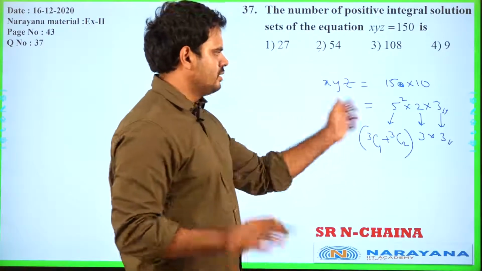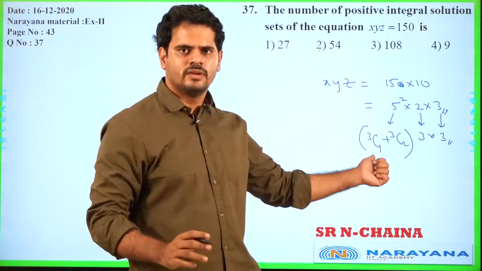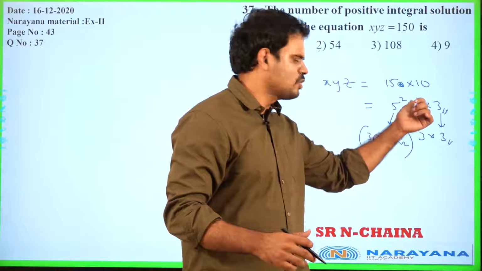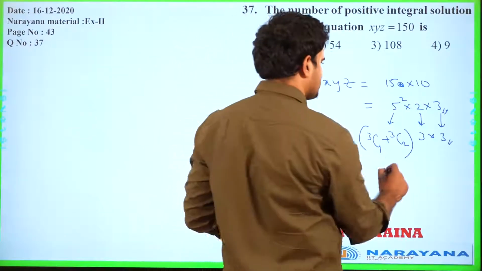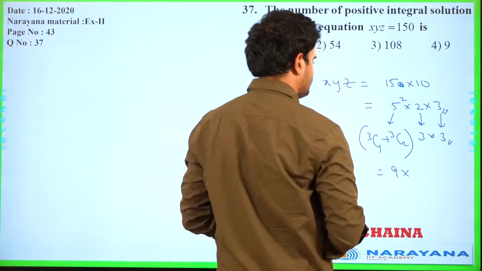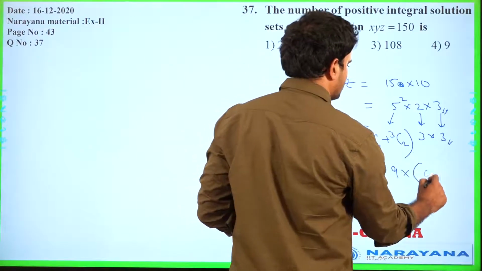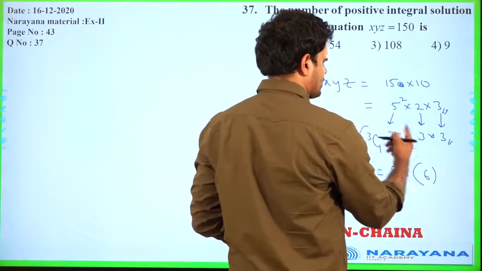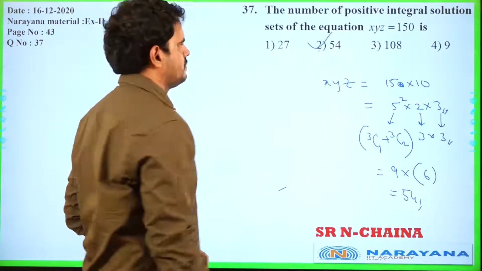Once again, 5 square as a whole term can sit in any 3 places, so it becomes 3c1. Again we have two 5s, so they can take any 2 places out of 3. So it becomes 9 into how much? 3c2 is 3, 1 plus 3 plus 3 is 6. So the answer is 54. The answer is this.